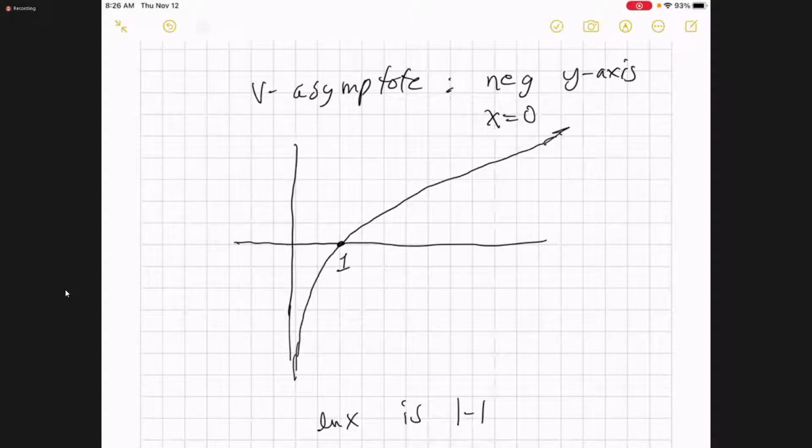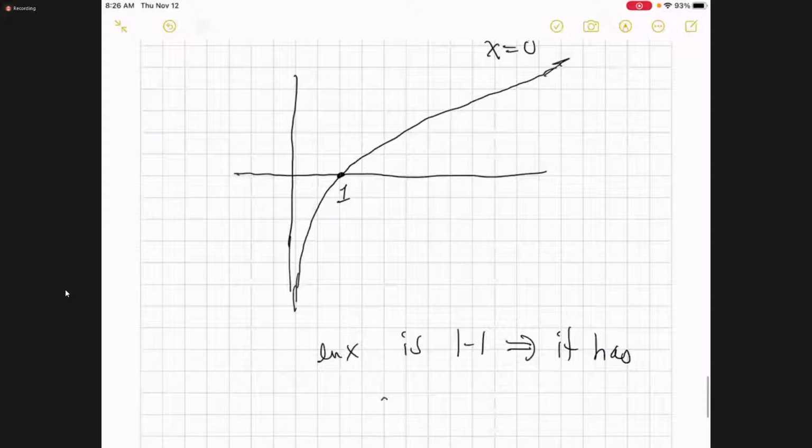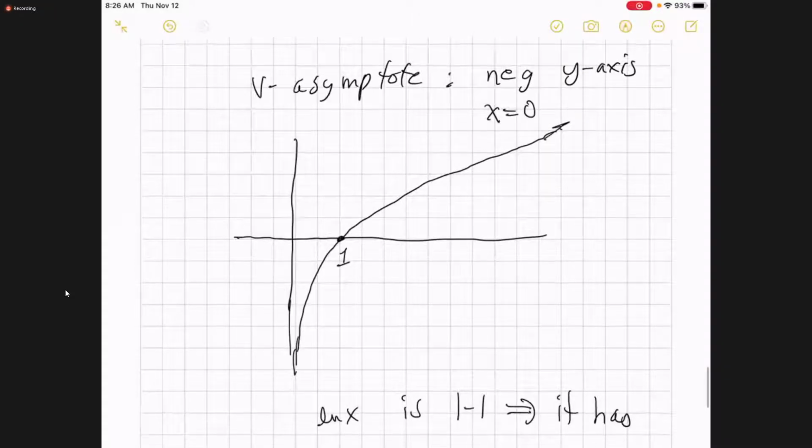And that means it has an inverse. And let's see, the way you get the inverse, we're going to talk about its inverse now.